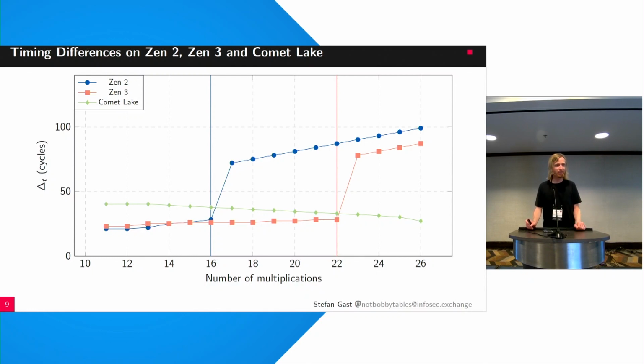On Zen 3 we have 22 microops that we can see, and in opposition to that, on Intel processors we don't see that limit at all, because we have a larger unified scheduler for all the micro operations.